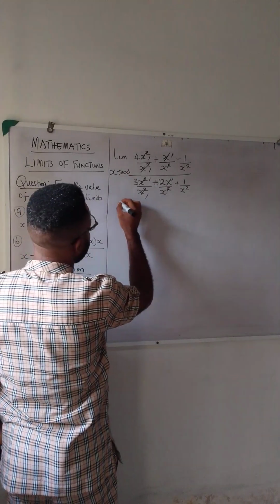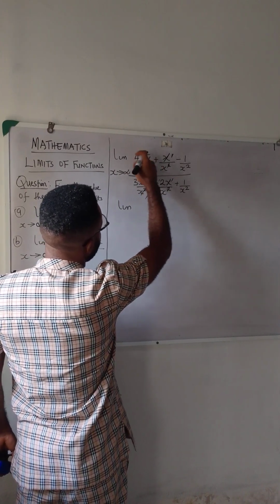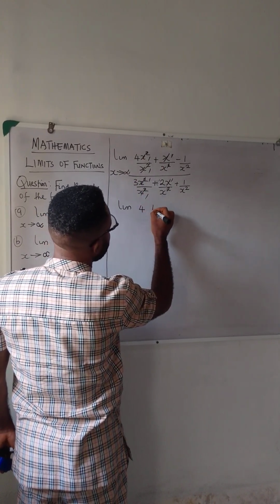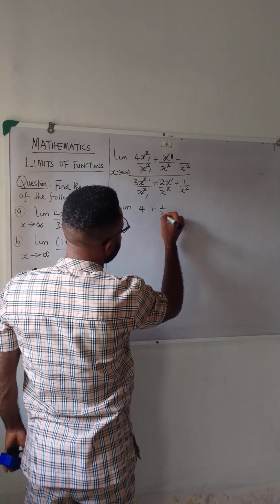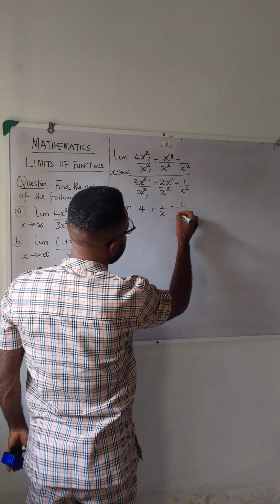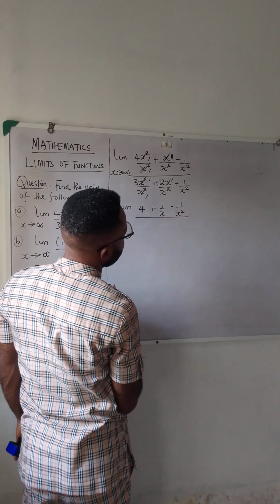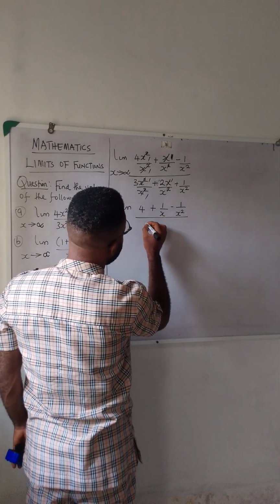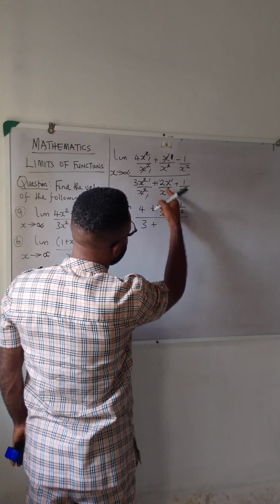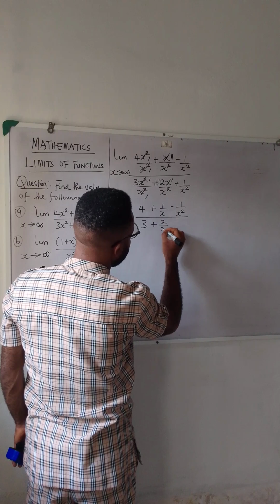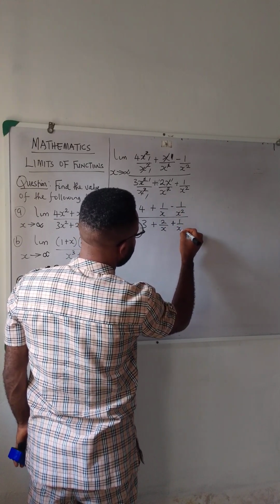What we are left with is the limit of 4 plus 1 over x minus 1 over x squared, as for the numerator. And for the denominator, we have 3 plus 2 over x plus 1 over x squared.